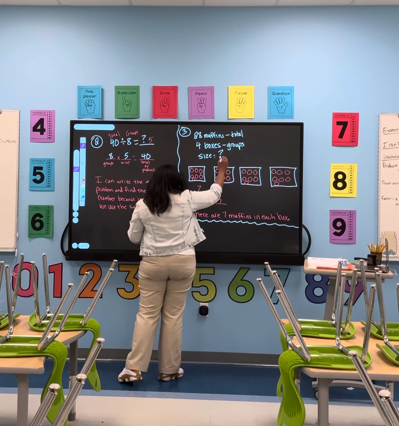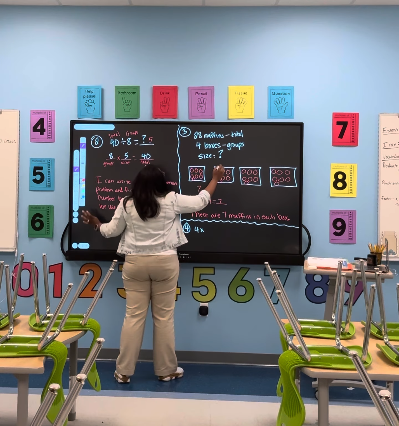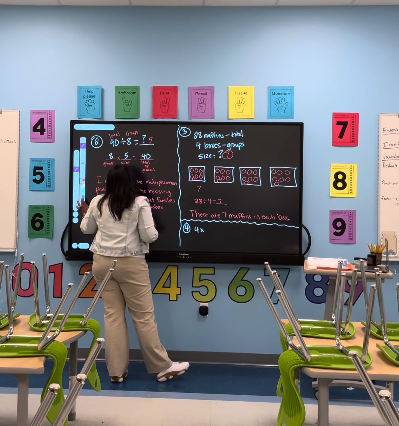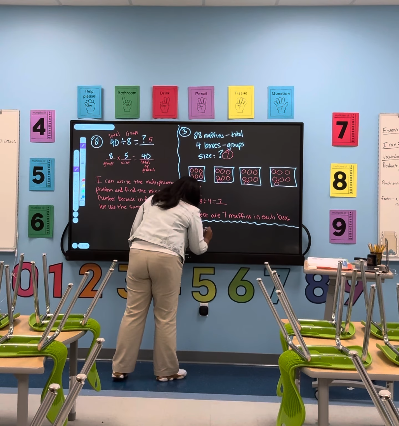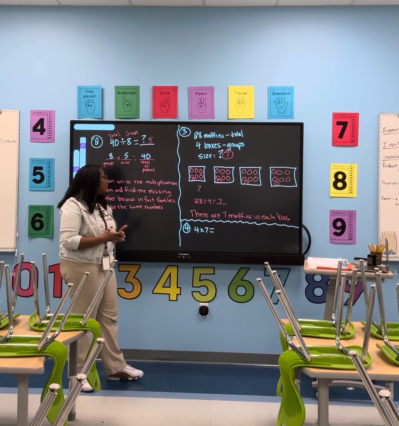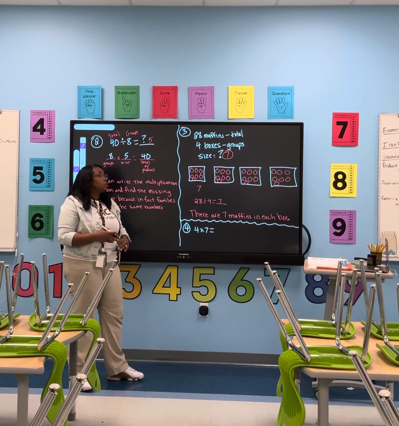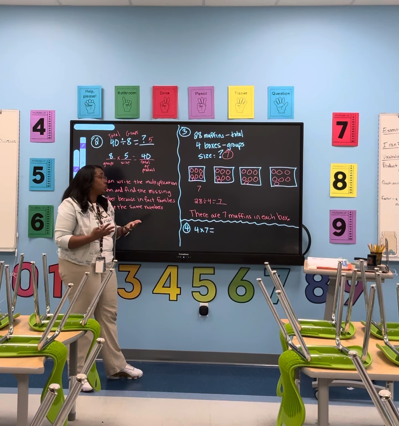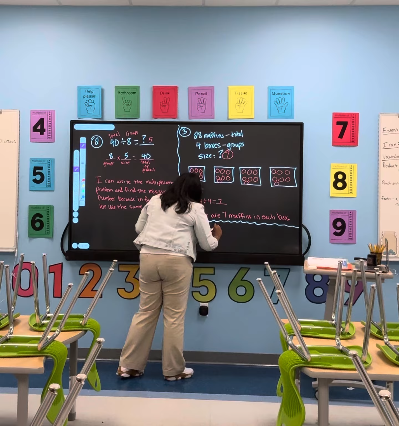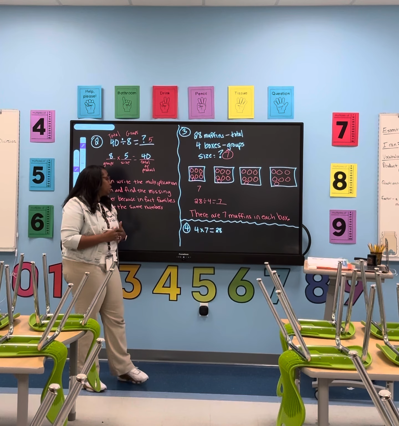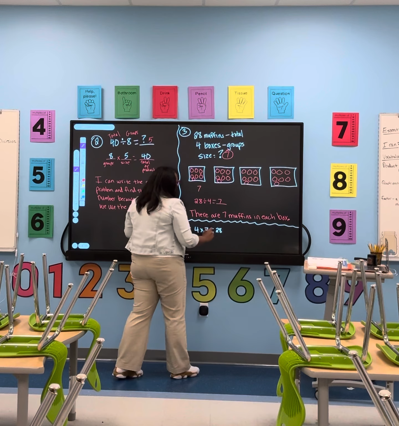I didn't put it here, but it was 7. I'll put it here by my question mark, so you guys will see that. So I'm going to write 7 next, and then equals my product. Well, the product to this was 28, because they told me the total. Remember, product, that's your total. So that would be 28.